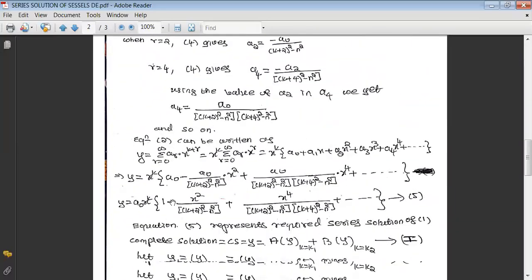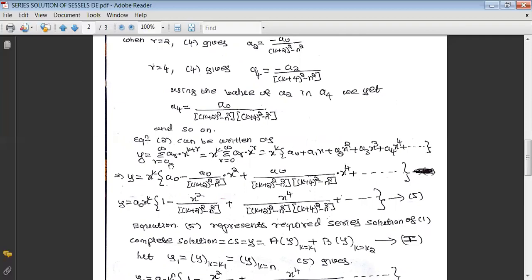If you take x raised to k as your common term, constant with respect to r, and for the remaining take r equal to 0, 1, 2, we get x raised to k into a naught plus a1 x plus a2 x square plus a3 x cube plus a4 x raised to 4, and so on.